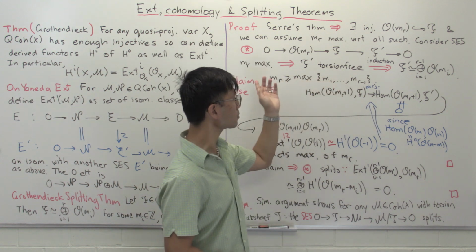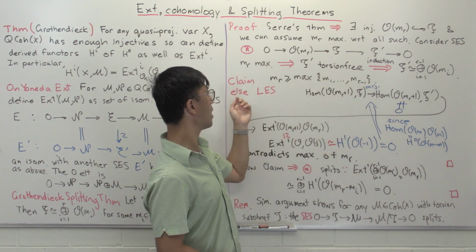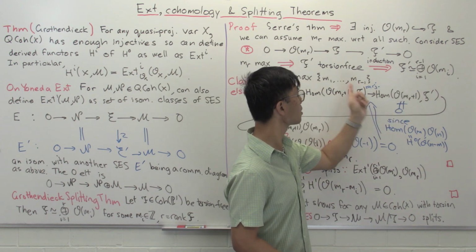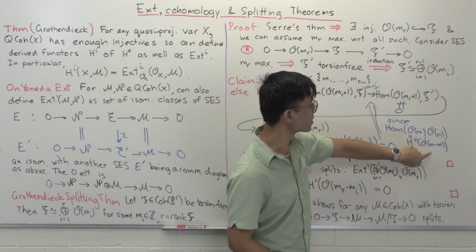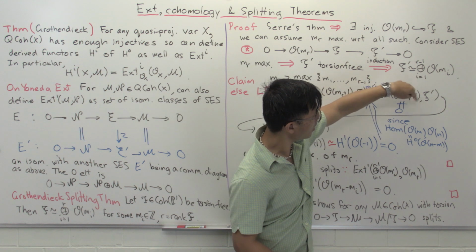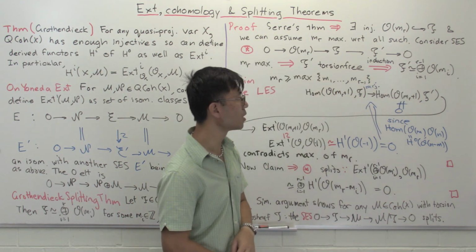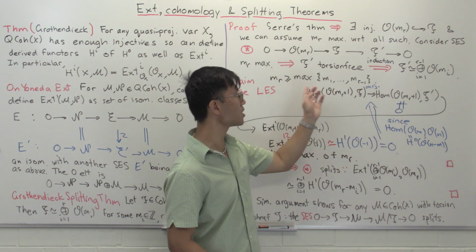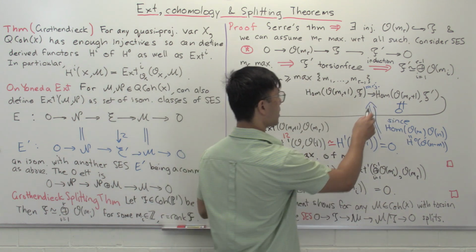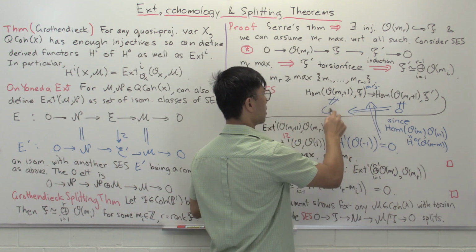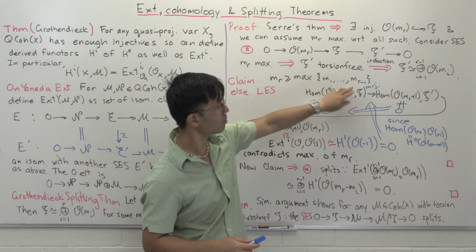Okay, we're going to assume this is not the case, else we're assuming this is false. So one of the summands here has something where the integer here is at least as big as this m_r + 1. So this is non-zero and this is surjective. That implies that this is non-zero.